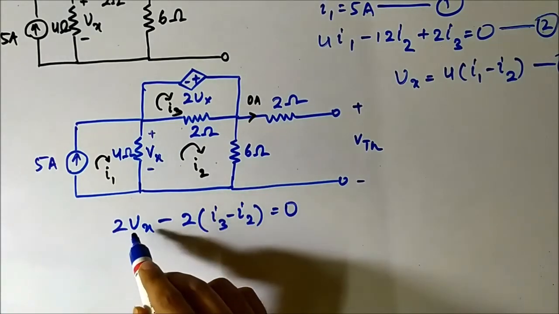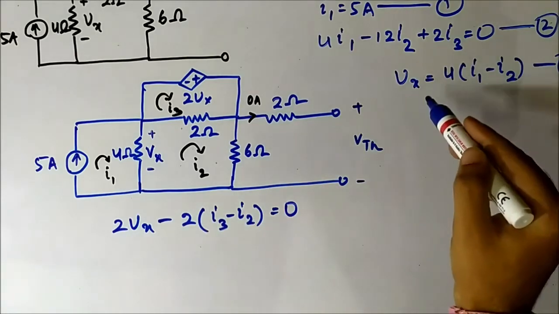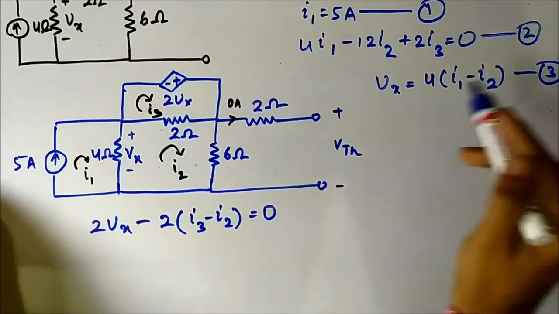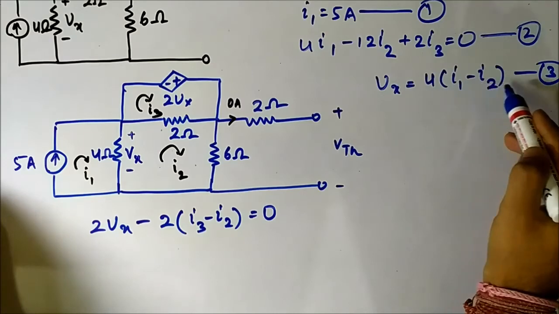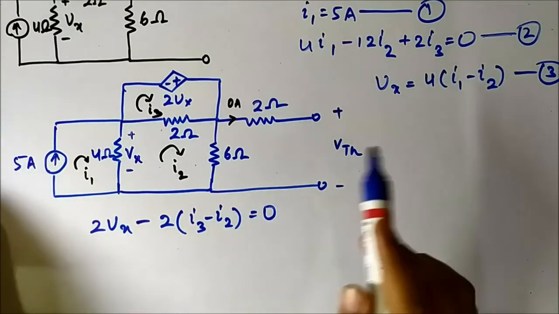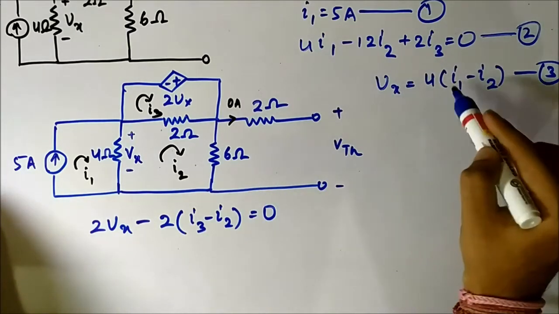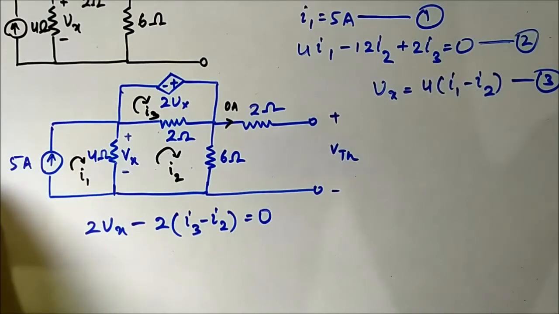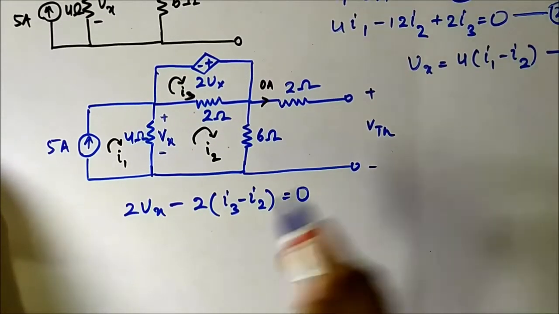Here we have to substitute the value of Vx which we just calculated previously, which is 4 into (I1 minus I2), to bring it in terms of I1, I2 and I3. So we'll substitute Vx is equal to 4 into (I1 minus I2).